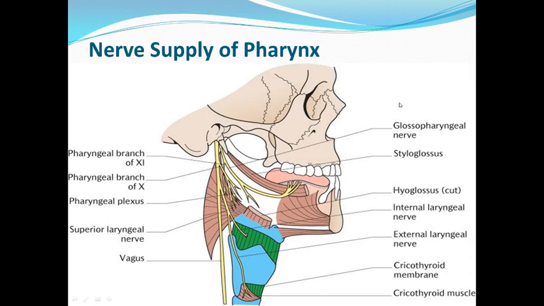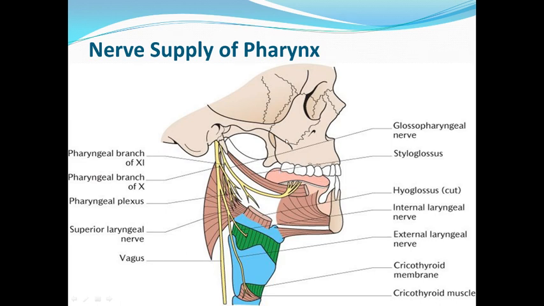Now, nerve supply of the pharynx. The nerve supply of the pharynx is classified into the motor fibers, the sensory fibers, including the taste sensations, and the parasympathetic nerve fibers.